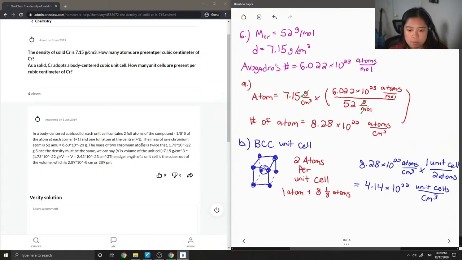The mass of 2 chromium atoms is twice that, 1.73 times 10 to the negative 22. Since the density must be the same, we can say volume times 7.15 is equal to 1.73 times 10 to the negative 22, which gives 2.42 times 10 to the 20. The edge length of a unit cell is the cube root of the volume, which is 2.89.